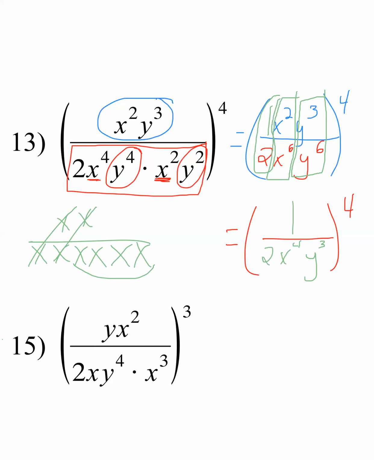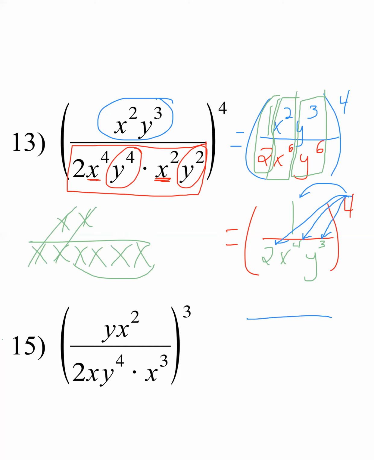Okay, so now I'm almost done. There is absolutely nothing left to simplify inside my parentheses. Now all I have to do is give everybody the exponent of 4. And everybody gets it, numerator, denominator, everybody. So literally, I'm going to do 1 to the 4th, 2 to the 4th, x to the 4th raised to the 4th, and y to the 3rd raised to the 4th.